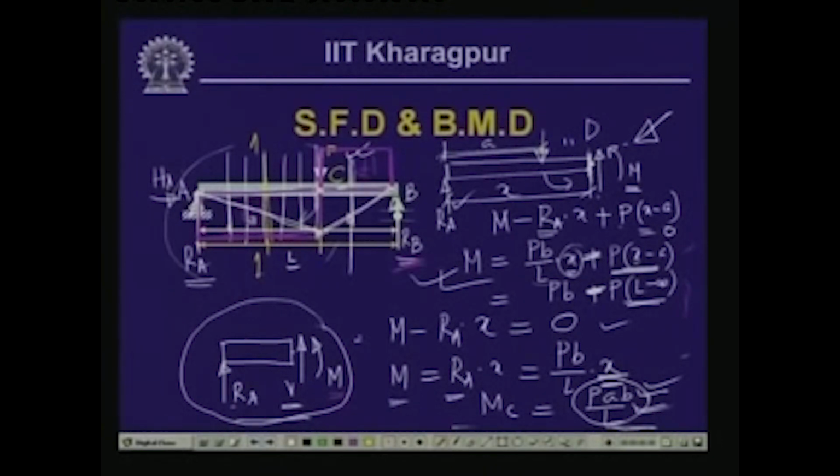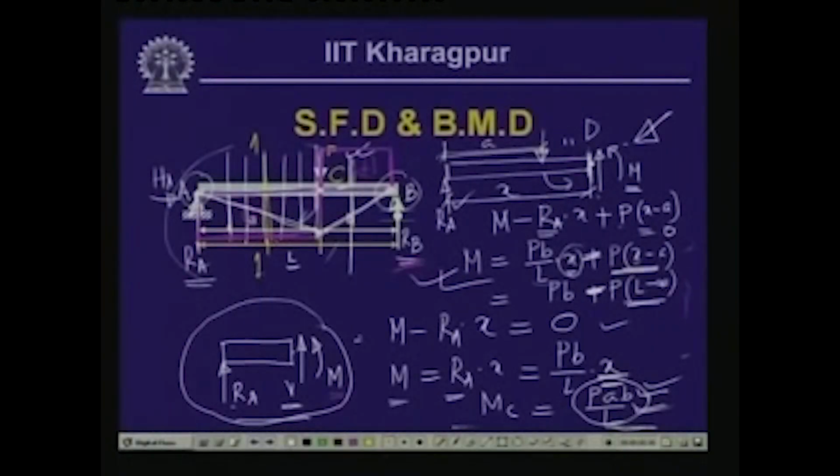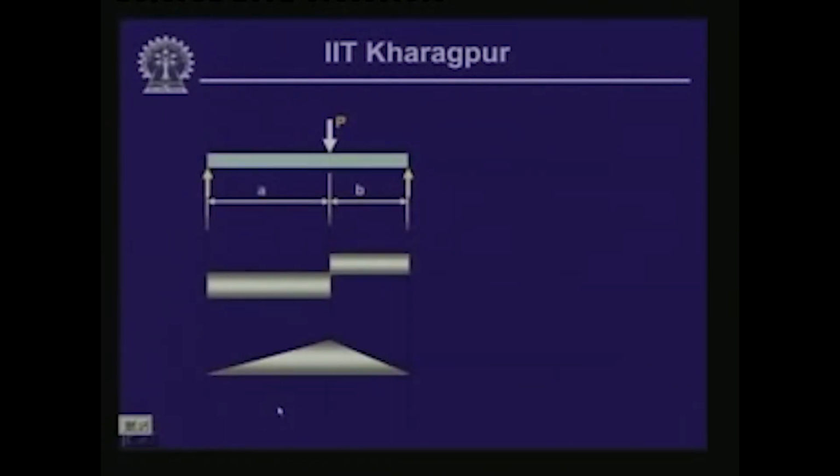As is expected, at the roller support and at the hinge support, the moment carrying capacity of the supports is 0. So, the values of the bending moment at the hinge support and the roller support are expected to be 0. So, the variation of the bending moment along the length of the beam, as we can see, is in this triangular form, and this is what has been indicated over here.